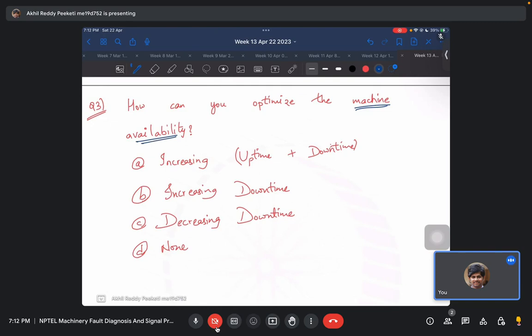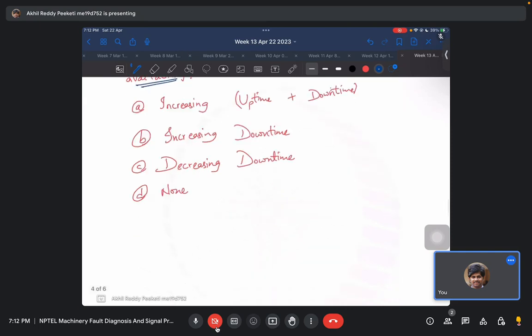By increasing uptime plus downtime, or increasing downtime, or decreasing downtime, or none. So how can we optimize or improve the machine availability? What exactly is machine availability? It is the ratio of uptime by the total time, so uptime plus downtime.